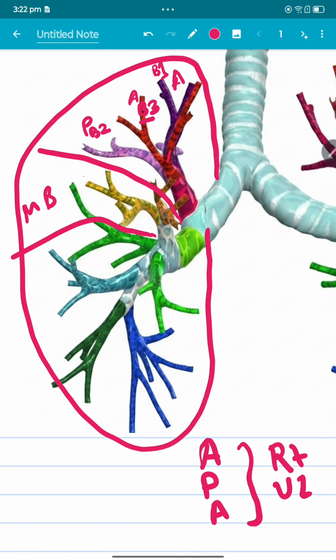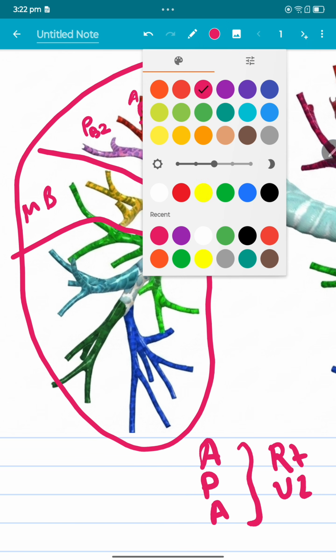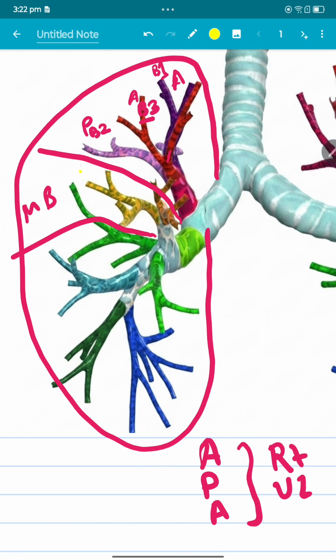Then we have the middle lobe. In the middle lobe there are two segments, the lateral segment and the medial segment. We label the lateral one B4 and the medial one B5.